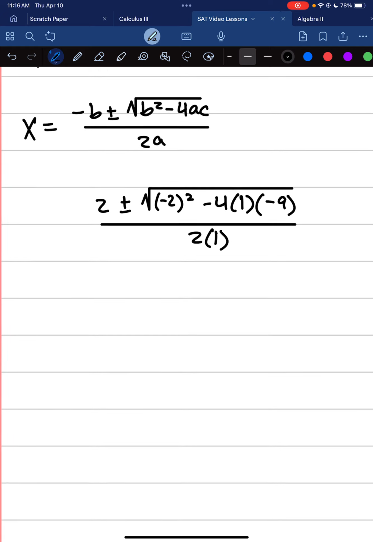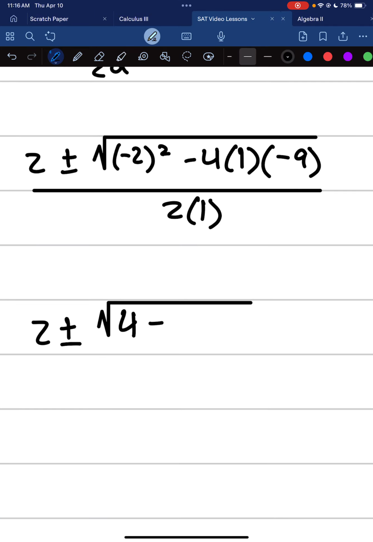Now, all I have to do is simplify this, and I'm going to get 2 plus or minus the square root of negative 2 squared is positive 4, and then minus 4 times 1 is 4, and then 4 times negative 9 is negative 36, so I'm going to have 4 minus negative 36 all over 2.